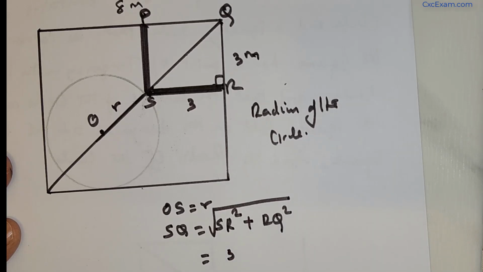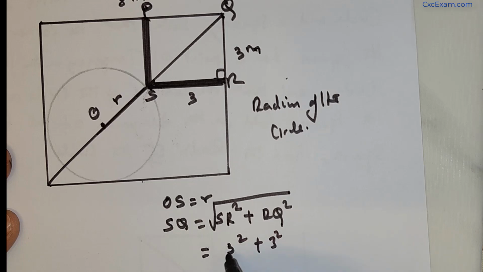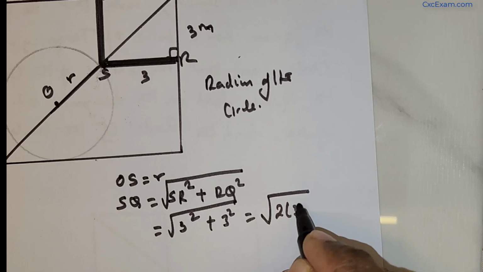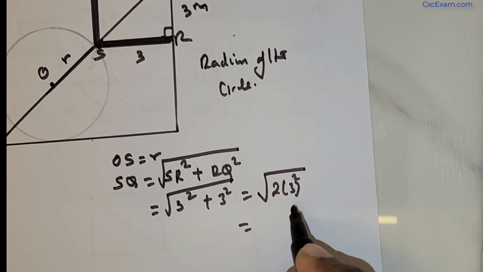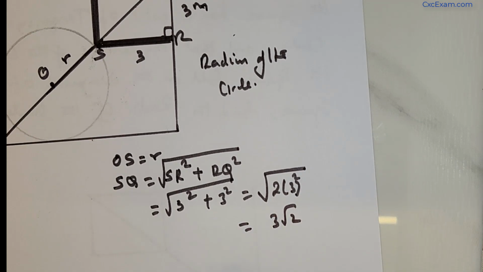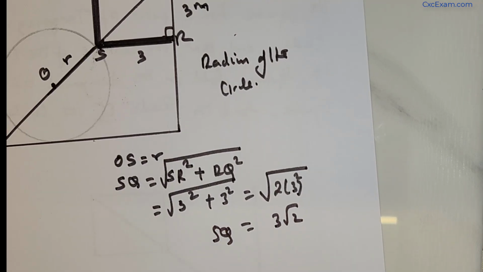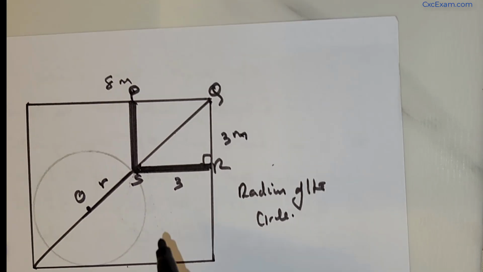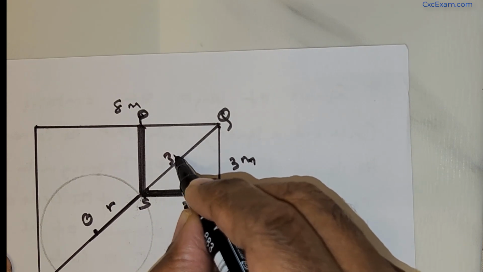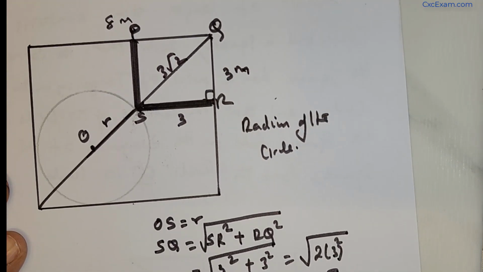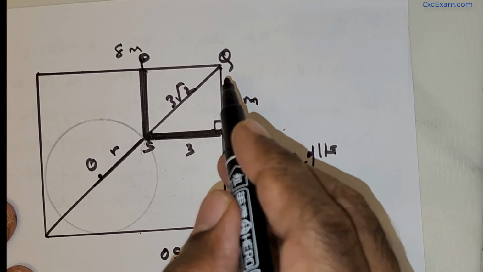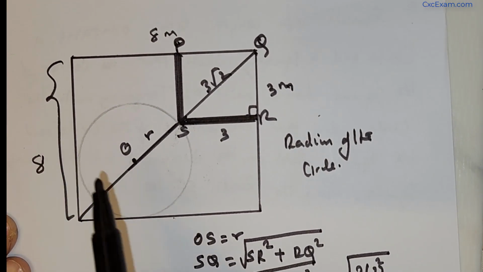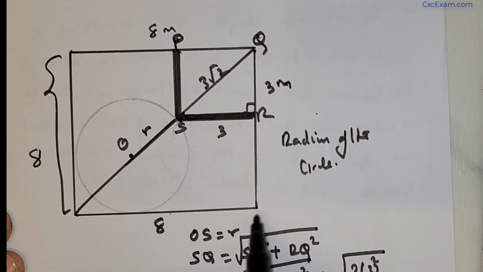So you have the square root of 3 squared plus 3 squared, which is equal to the square root of 2 times 3 squared, which is going to be 3 times root 2. So this is my SQ, right? So let me mention it there, 3 times root 2. Okay, so now we clearly know this length is given to be 8, right? So this will also be 8.